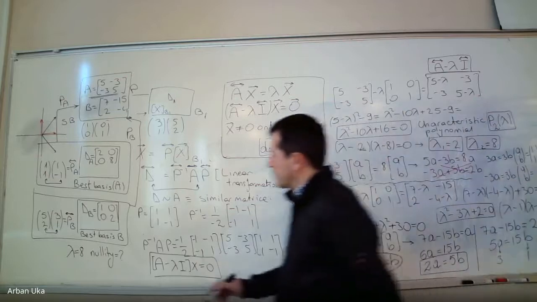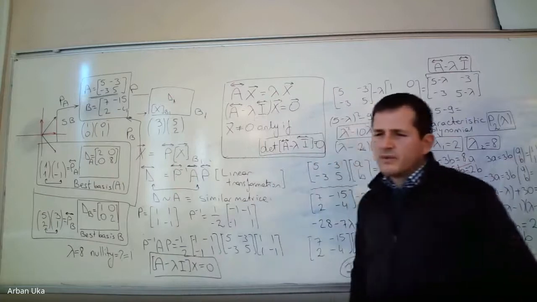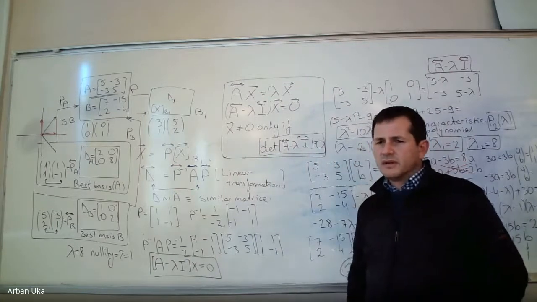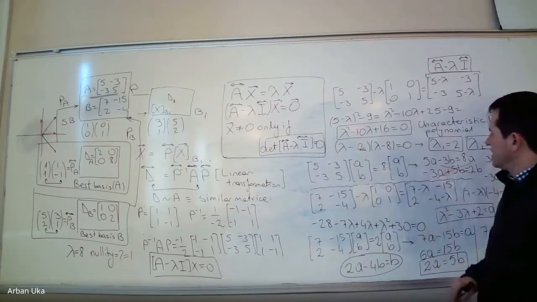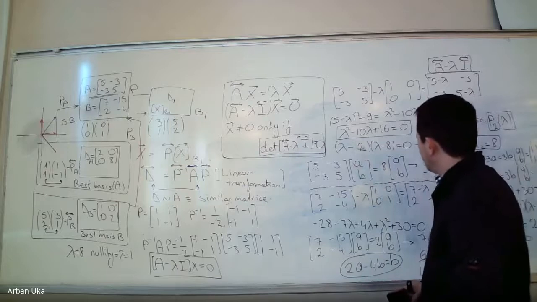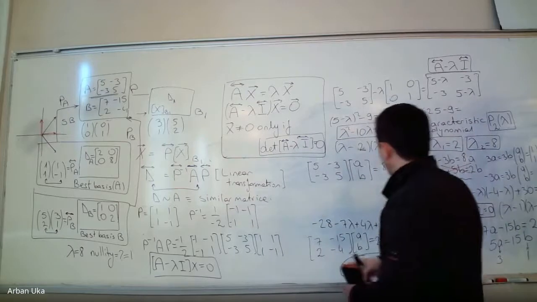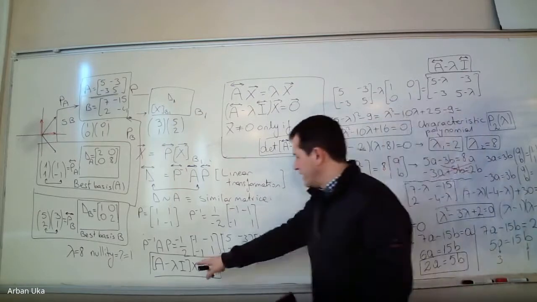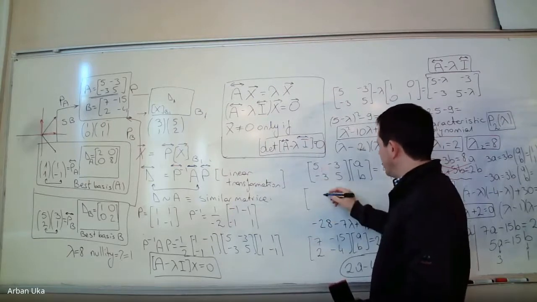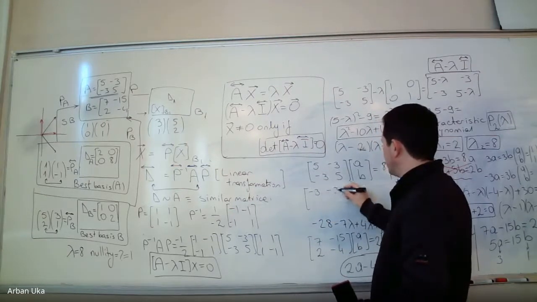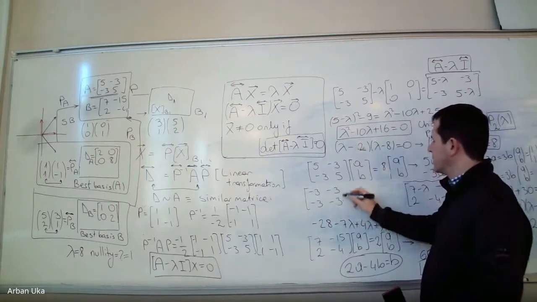The nullity for each eigenvalue will be equal to the number of free variables, when we're trying to solve this system that we see here. Let's assume lambda is equal to 8, so A minus lambda I has 5 minus 8, which is minus 3, minus 3, minus 3, and 5 minus 8 is again minus 3.